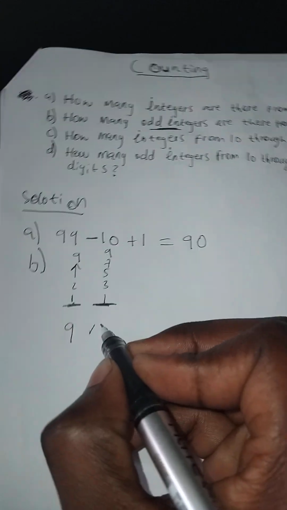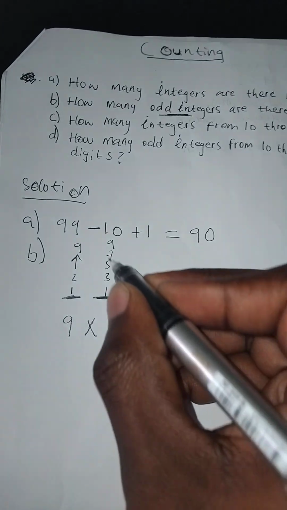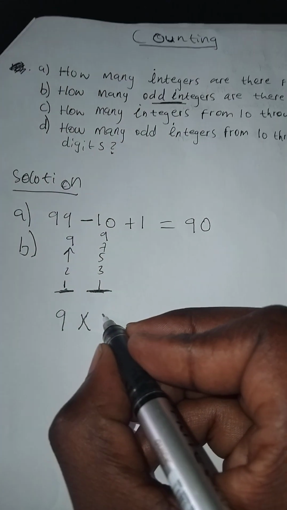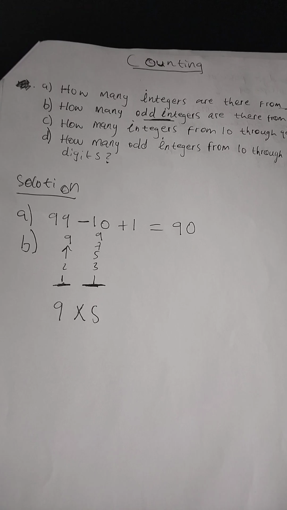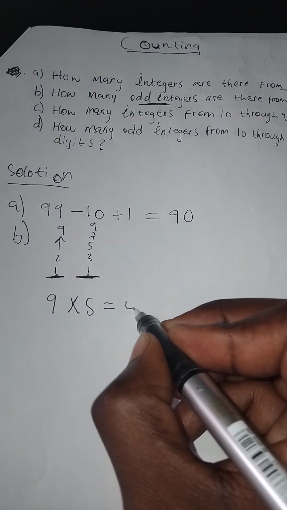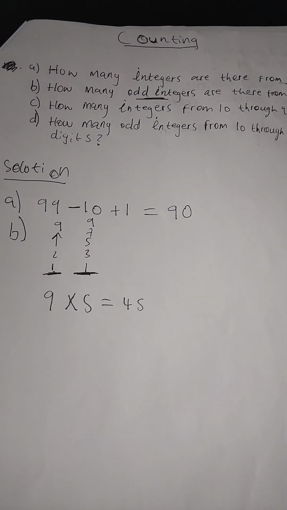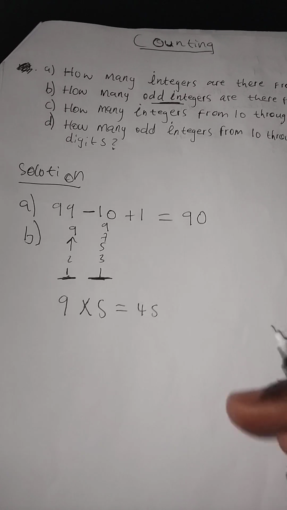Then we multiply it by the choices for the second digit. How many are they? 1 2 3 4 5. So there are 5 of them. 9 multiplied by 5 gives us 45.